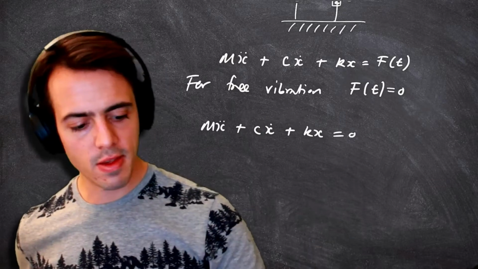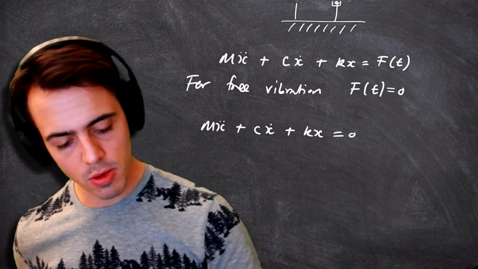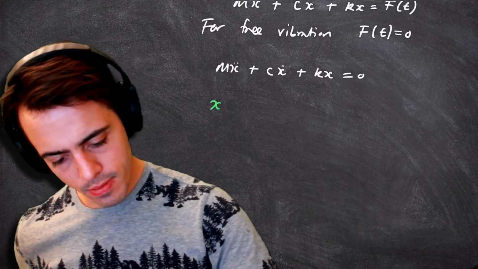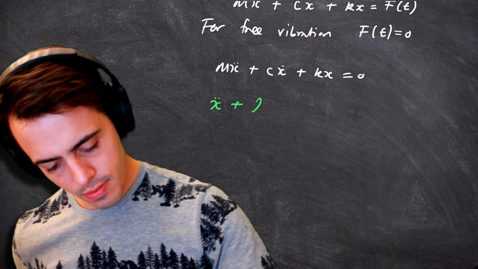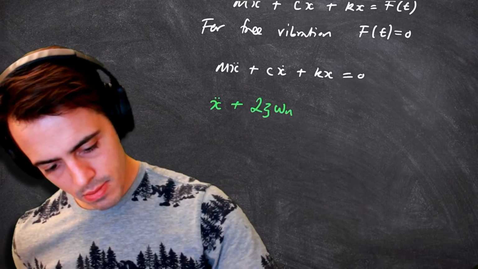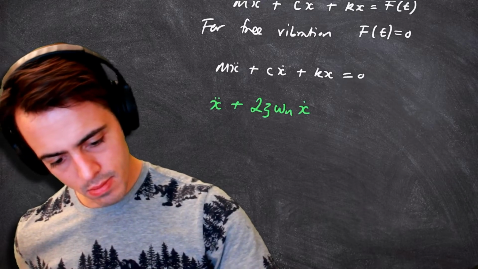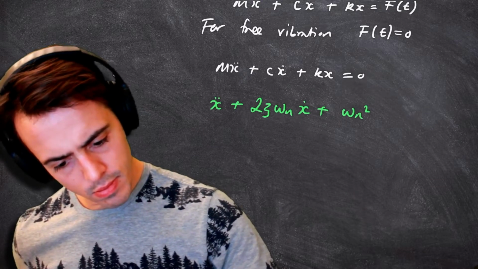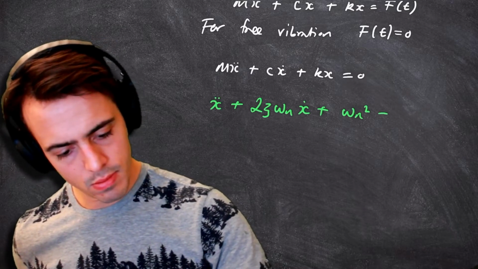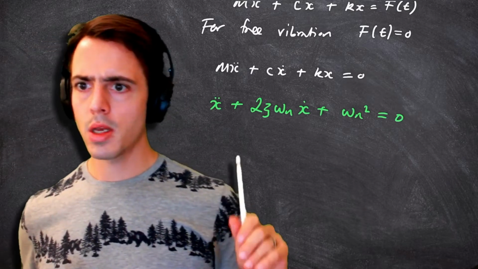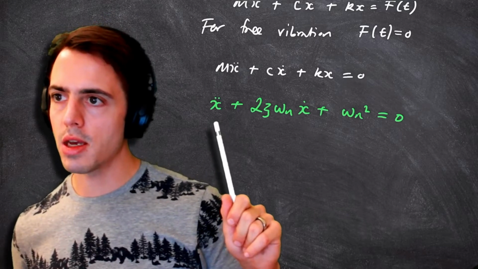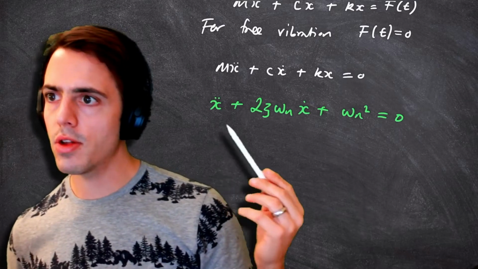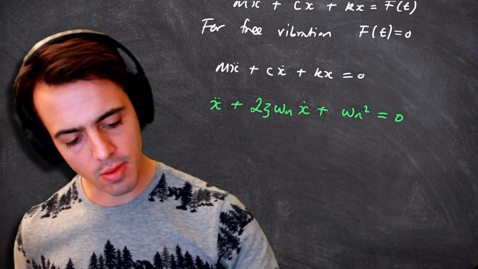So we can represent the system, and hopefully this is where I'm saying it's revision for you guys, this should look familiar if I was to write it in the form x double dot plus 2 zeta omega n x dot plus omega n squared x equals 0. Okay, so I've now got effectively a quadratic equation here, and I've got some things that are going to help me understand how this system works.